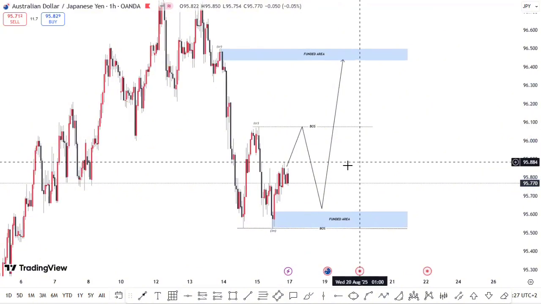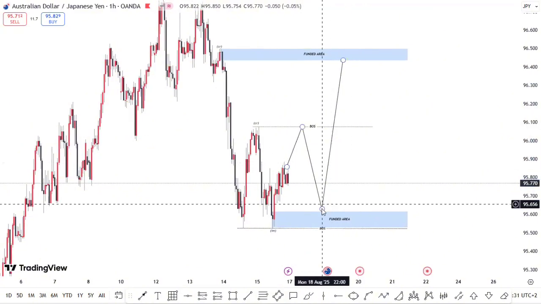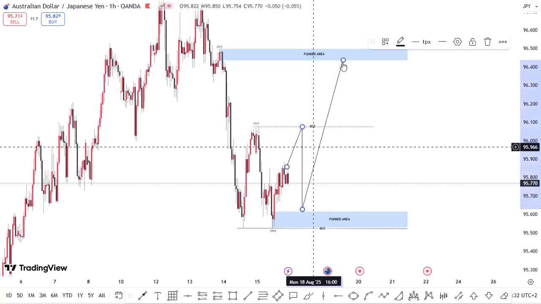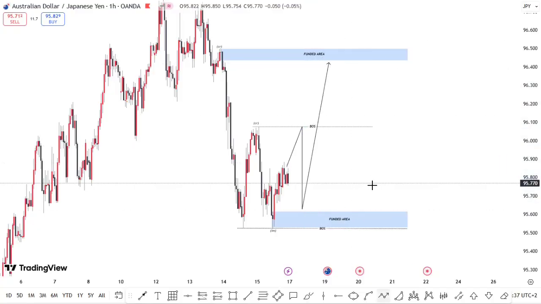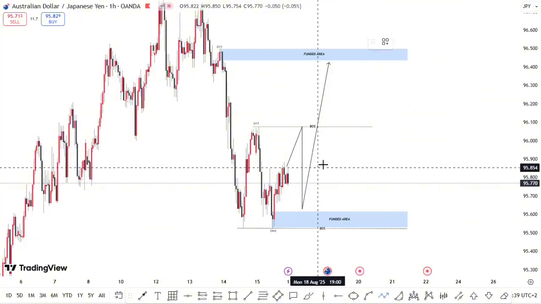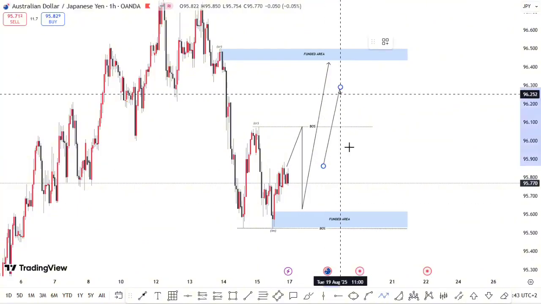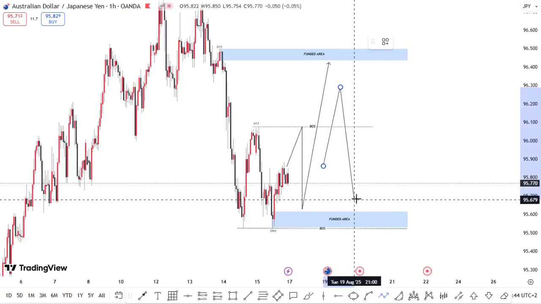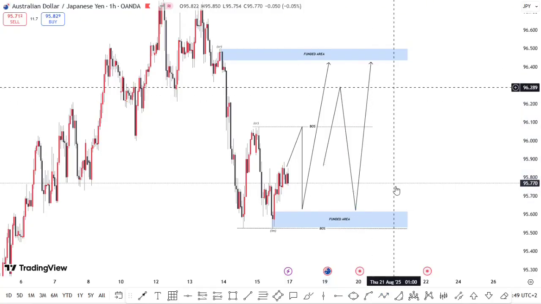Let me adjust this one. Or market might break my break of structure there, come to retest my funded area, then bounce back to fill the gap.